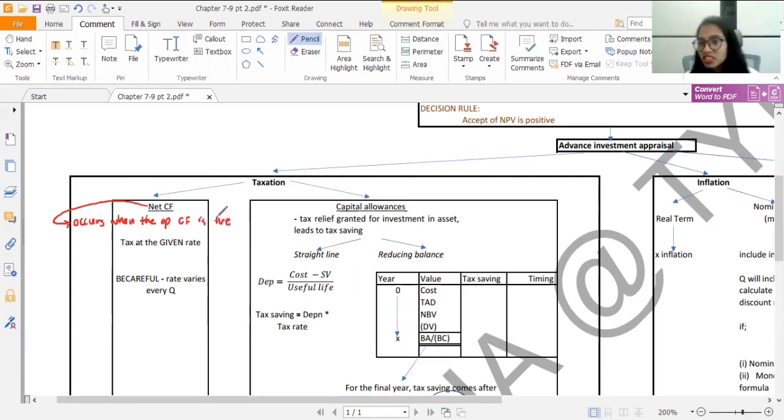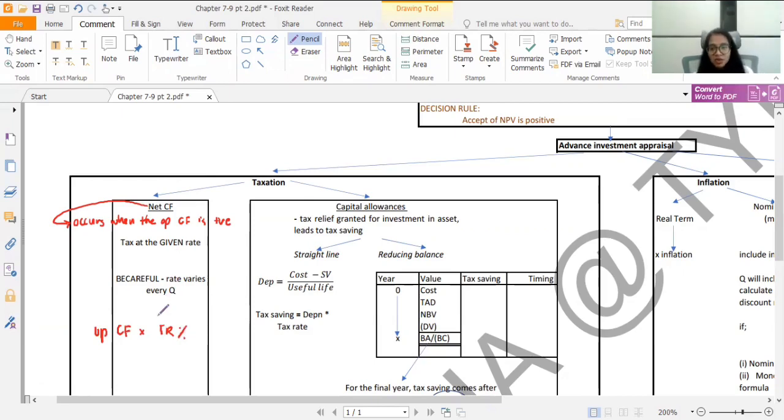When you have a positive operating cash flow, whatever income your company makes attracts a tax payment. That means if you make a profit, you need to pay tax. So you take the operating cash flow and multiply it by the tax rate.